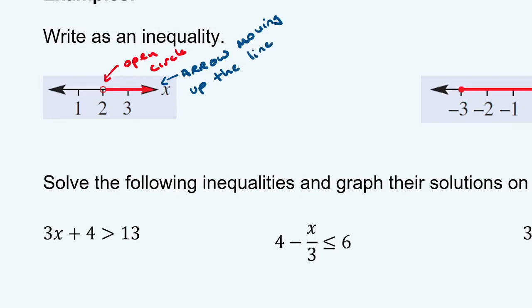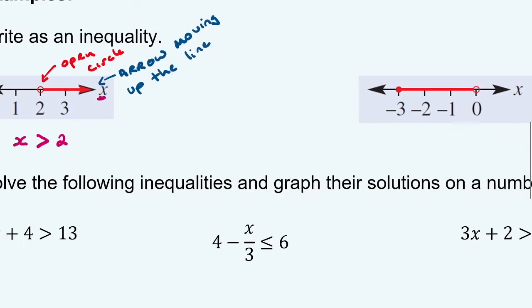So the arrow is moving up the line, so it's going to be a greater than, because the value we want is greater than the number we've circled. So for this one, we have our little x here, x is greater than, now it's an open circle, so it's not or equal to, 2. So x is greater than 2. Whichever way that arrow is pointing, it's going to tell you whether it's greater than or less than.